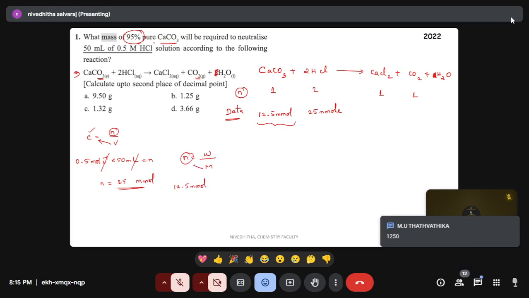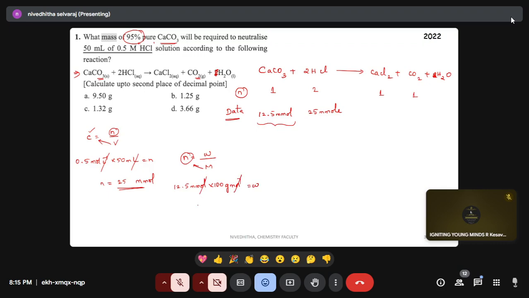And what is the molar mass of calcium carbonate? 100 gram per mole, very good. So what is the quantity?